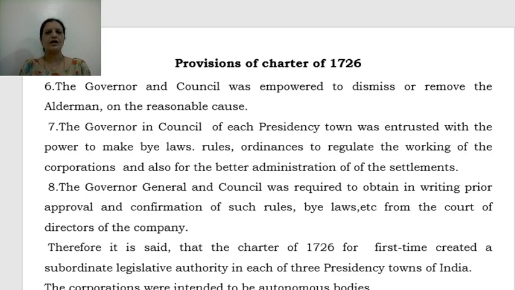Number 8, the Governor and Council were required to obtain in writing prior approval and confirmation of such rules, bylaws, etc. from the Court of Directors of the company in England. Therefore, it is said that the Charter of 1726 for the first time created a subordinate legislative authority in each of the three presidency towns of India. So, the corporations were intended to be autonomous bodies.